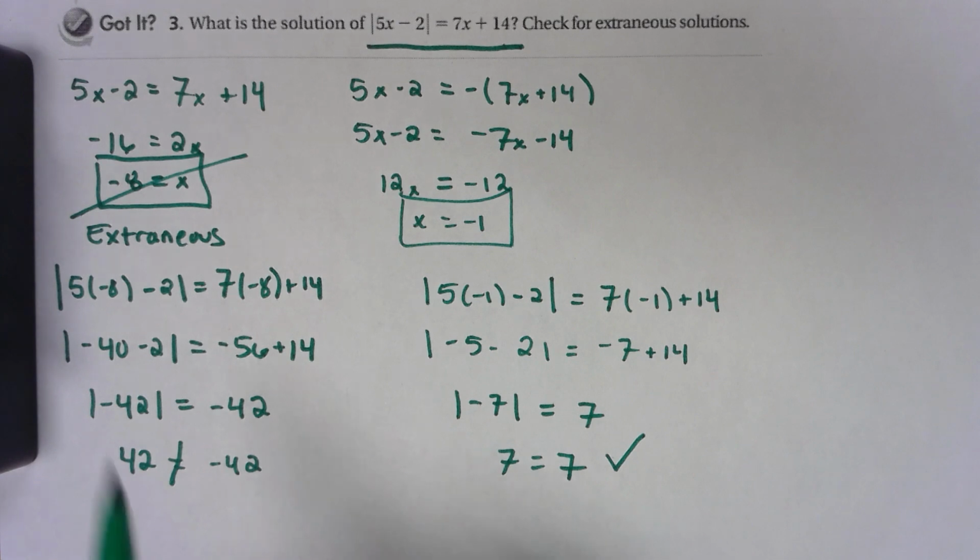That leads you to get values of negative 8 and negative 1. When you sub in negative 8, you end up finding that that is a false statement. You get positive 42 equals negative 42, which is not true. So that is an extraneous solution at negative 8, and thus your only answer here is negative 1. And that is all that we need to cover.